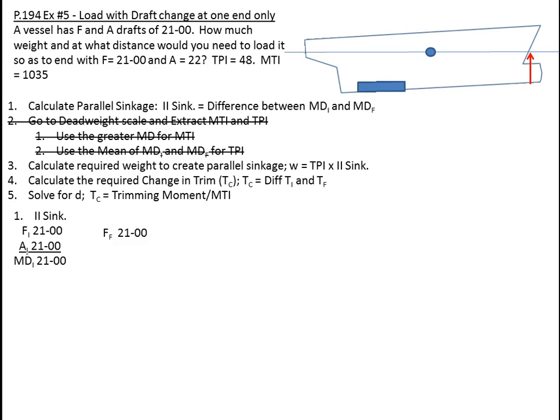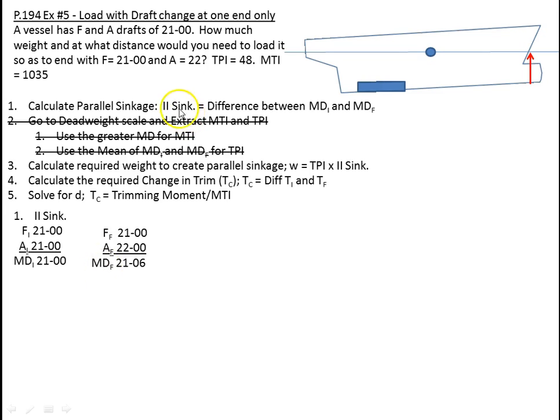Well, we're going to end up with a drag of 1 foot. And we want our forward draft to stay what it already is. So the final forward draft will be 21 as well. If we're going to have a drag of 1 foot, that means the aft draft will be 1 foot greater. So what's that mean draft? 21.06. So we have our 2 values now.